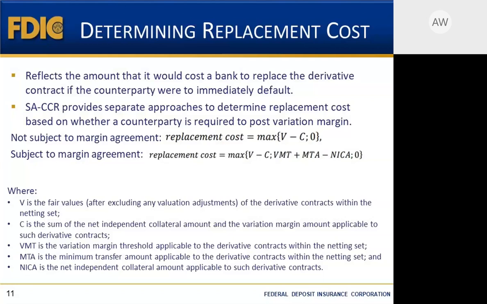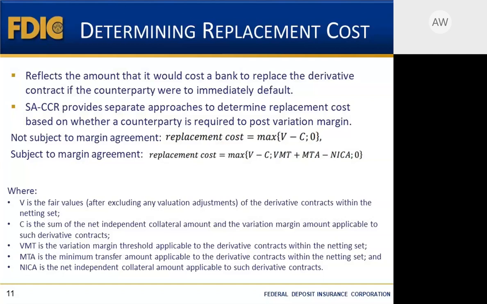If the net asset is subject to a variation margin agreement such that the counterparty of the banking organization must post variation margin, the replacement cost is generally the greater of the sum of the fair value of the derivative contracts within the net asset less the net independent collateral amount and the variation margin applicable to such derivative contracts, and the sum of the variation margin threshold and minimum transfer amount applicable to the derivative contracts within the net asset, less the net independent collateral amount applicable to such derivative contracts, or zero.